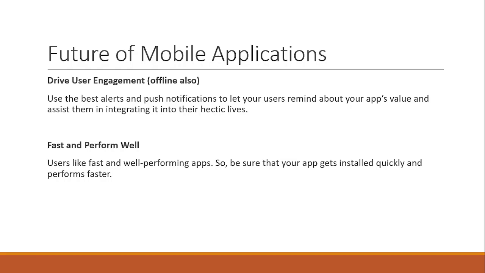Drive user engagement, which also considers offline engagement. Use the best alerts and push notifications to remind your users of your app's value and assist them in integrating it into their hectic lives. So i-alert si user or ma-post notifications in order to remind them to use the application that they've created.